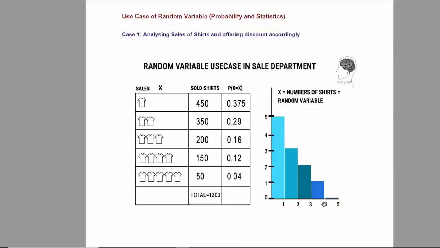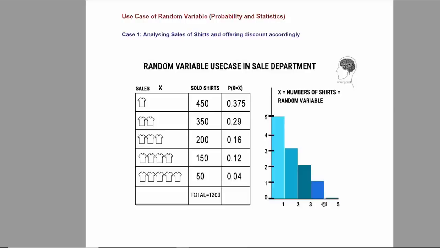Suppose for one shirt they have sold 450 pieces. For 2 shirts together they have sold 350 pieces. For 3 shirts they have sold 200 pieces. But when you look at 5 shirts sold together, only 50 pieces are sold per month.